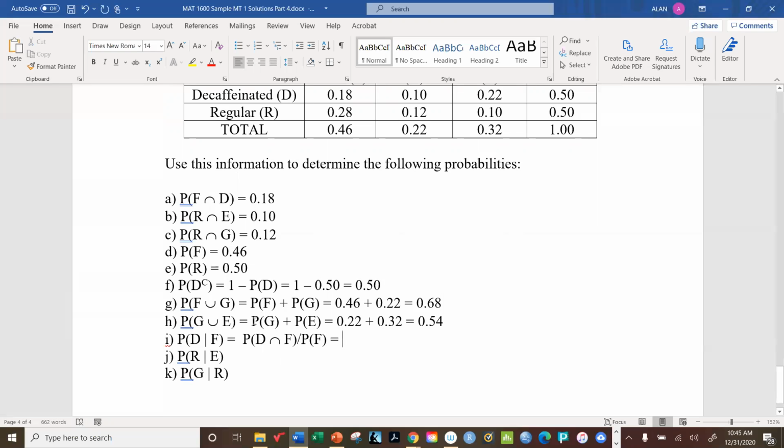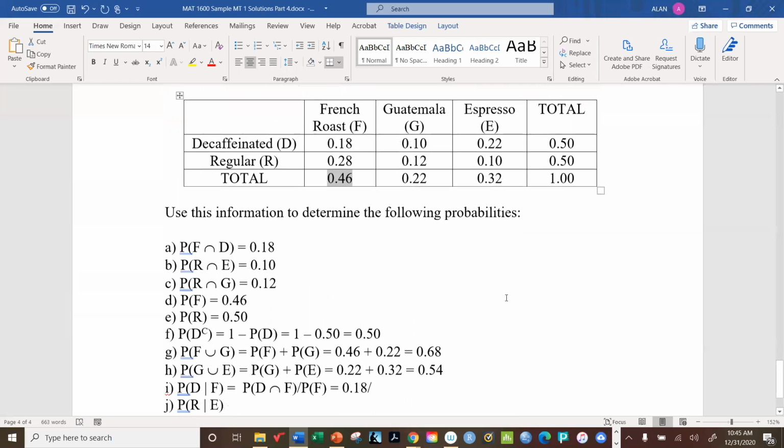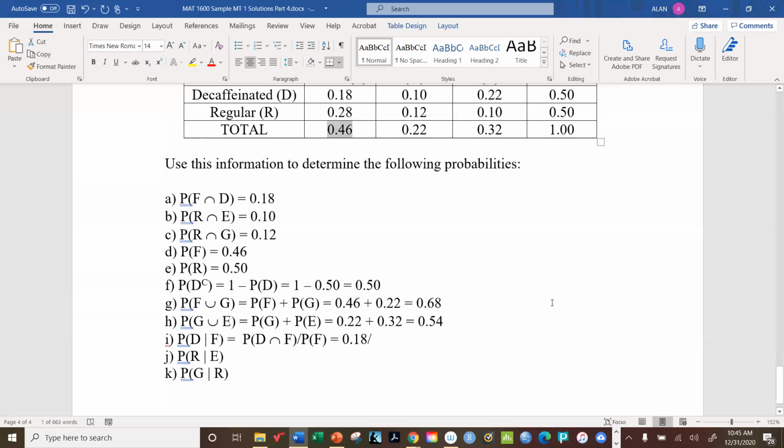Now, by the way, I just want to remind you that the probability D and F is the same as F and D. Okay, and that's 0.18 because they both mean decaf French roast. So 0.18 over 0.46, okay, which is approximately equal to 0.3913.